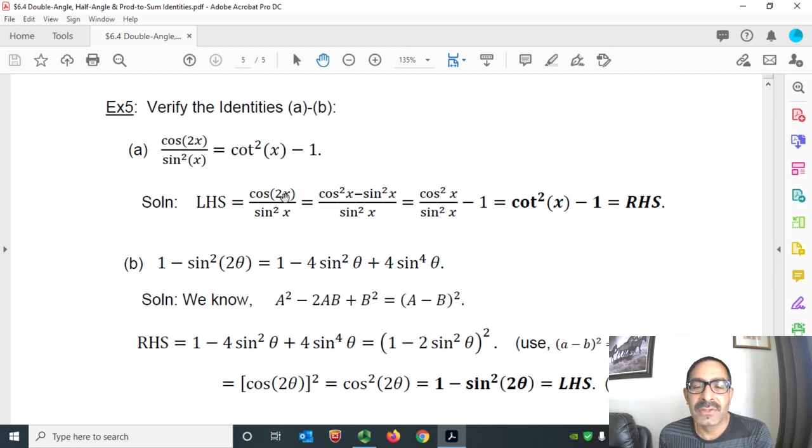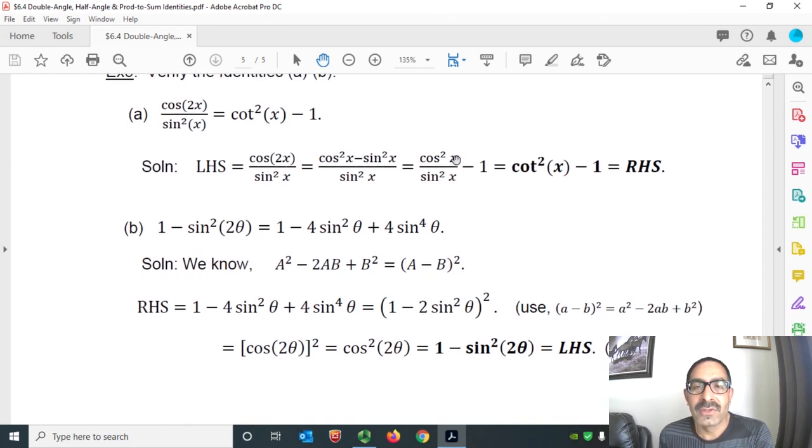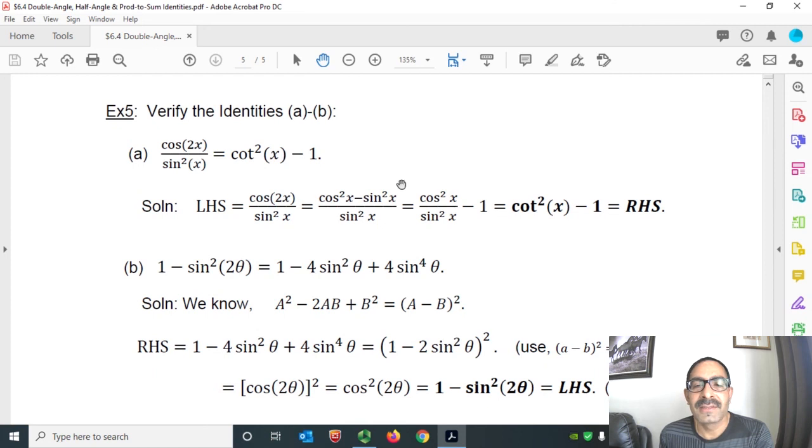Here cosine 2x is cosine square x minus sine square x. Sine square x in the denominator as it is. In the next step, distribute this denominator to each of the terms of the numerator. So we have cosine square x over sine square x minus sine square x over sine square x, but this cancels out and gives me simply 1. Also we know cosine square x over sine square x is simply cotangent square x, and minus 1 as it is. That's the right hand side.